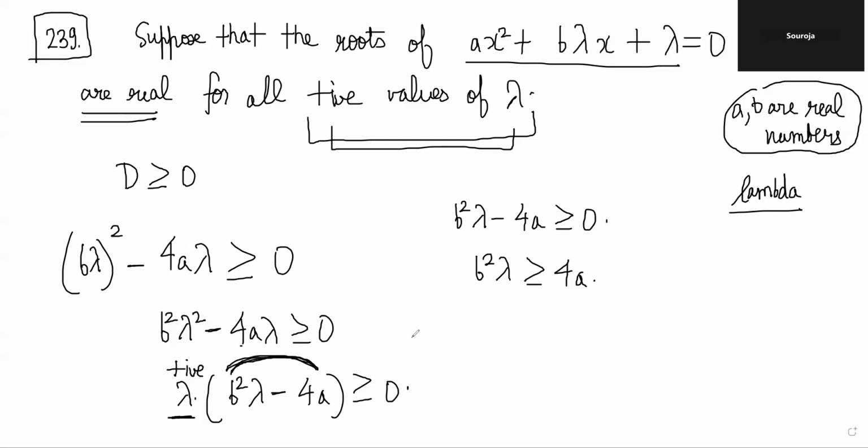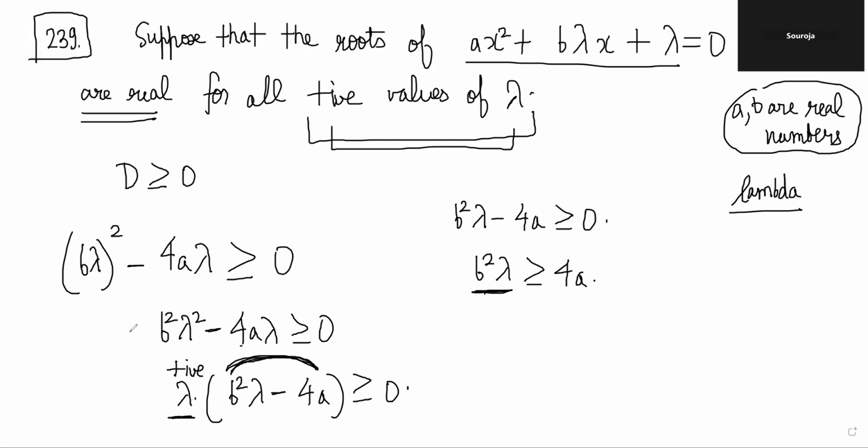Correct? But b can't be 0. Why? Because if b is 0, then it becomes minus 4a is greater than 0. That's possible if a is negative.